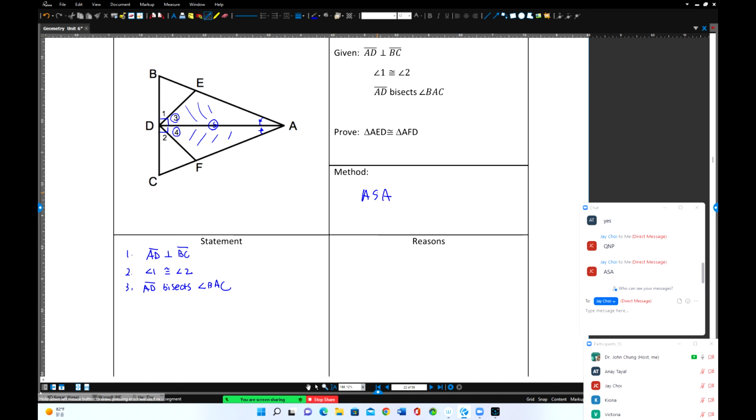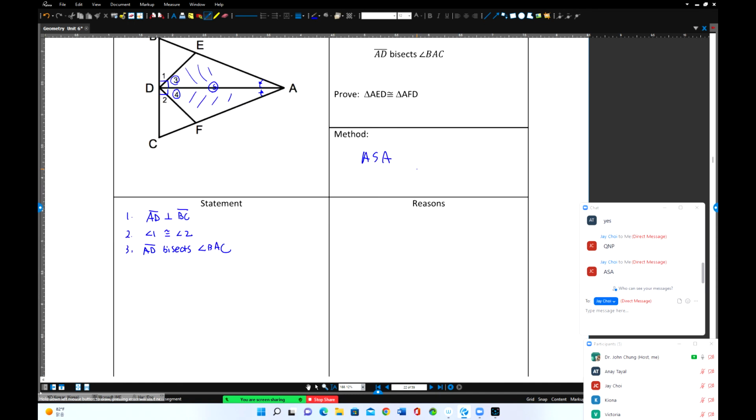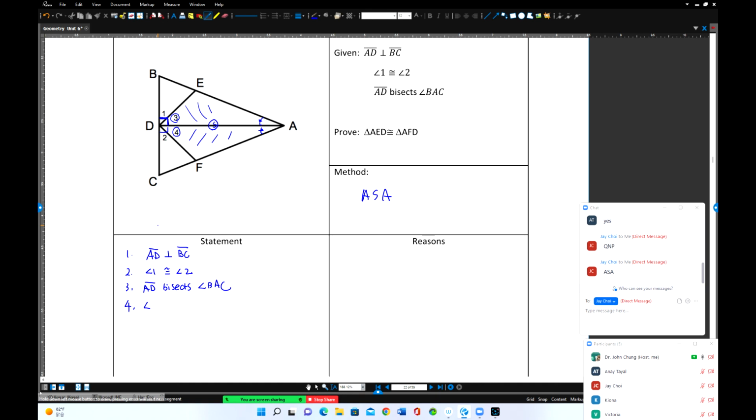But we have to use the perpendicular. So this perpendicular means what? Angle BDA or ADB. I'm going to use ADB. Angle ADB and angle ADC are right angles.